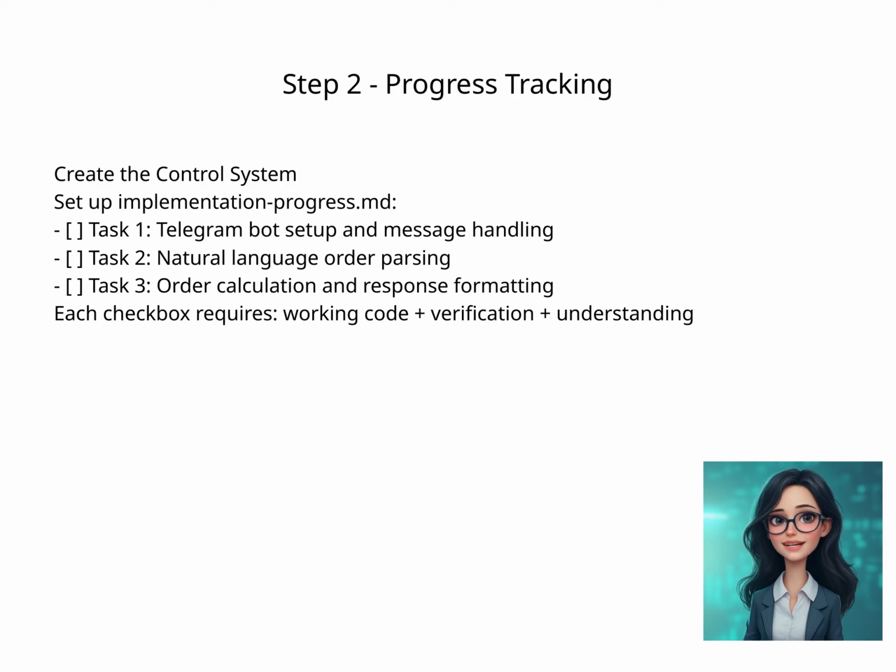Each checkbox has 3 requirements: working code, verified functionality, and developer understanding. This becomes your quality gate. You can't check a box until you've tested the functionality, verified it works correctly, and answered quiz questions proving you understand the implementation well enough to maintain it.